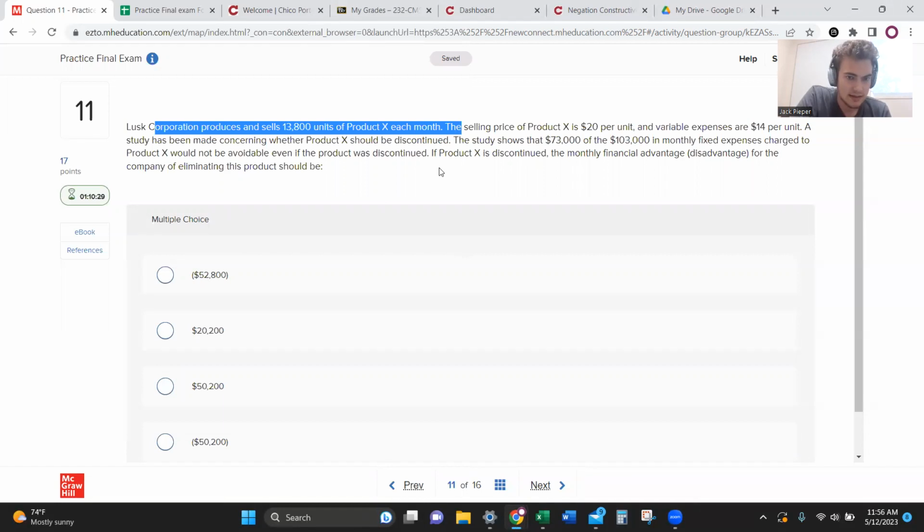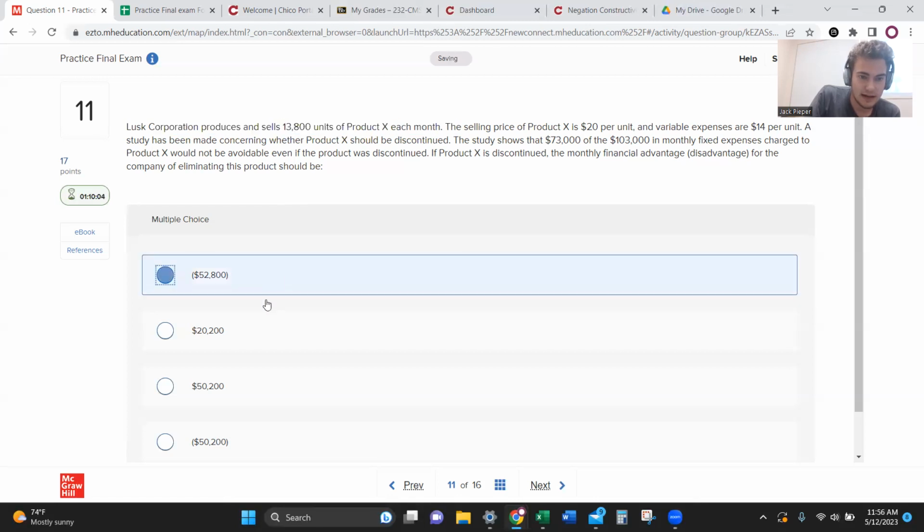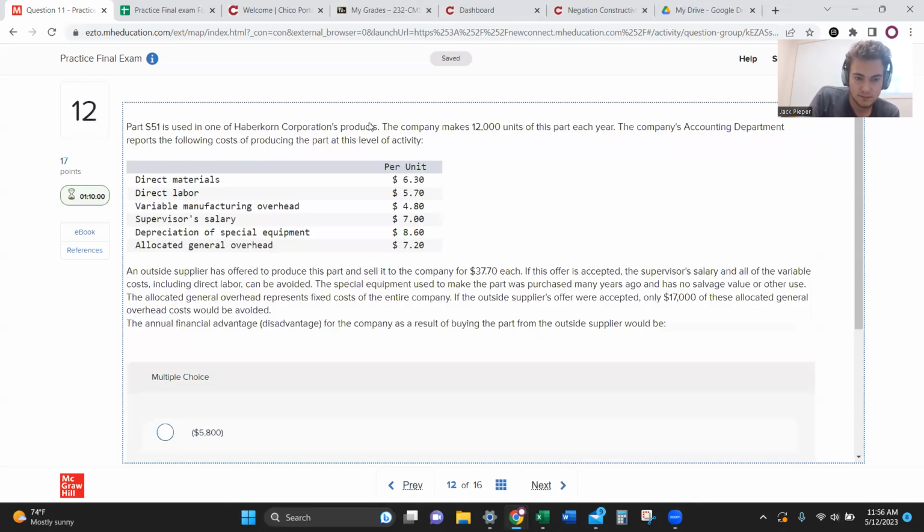We can do 6 times 13,800, and we get $82,800 of contribution margin. So if we get rid of it, we'll lose out on $82,800 of contribution margin. But we get back the difference between the 73,000 and the 103,000, so we get back the 30,000 in fixed expenses that are recoupable, and we get negative 52,800. Okay, so that's the disadvantage.